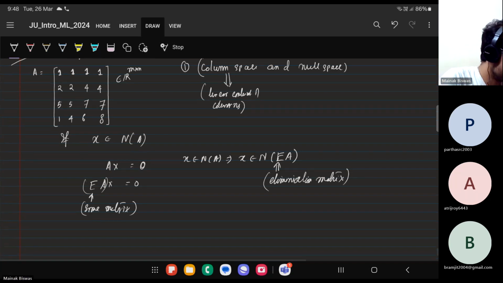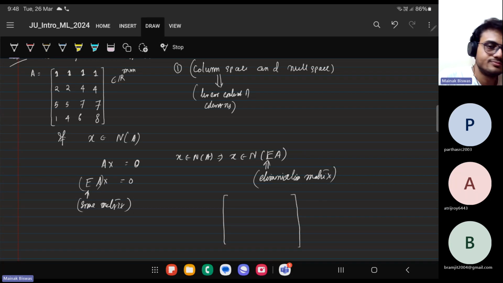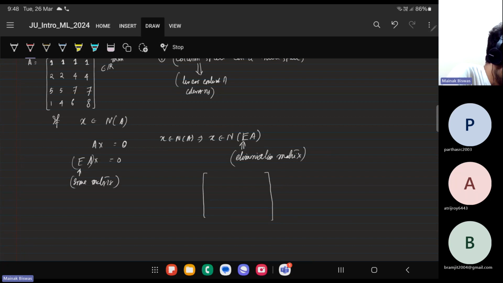Forget about row multiplication now. You agree that row elimination matrix, row operations we did? Yes. So here, what row operations will I do to get things 0? Tell me. What are the row operations?